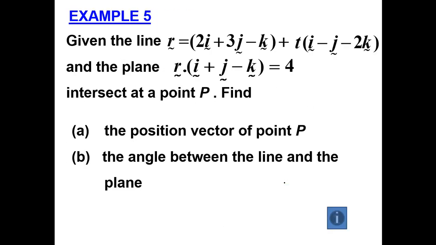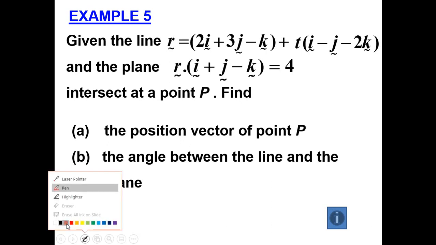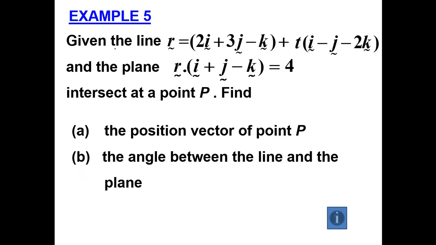Example 5. Given the line and the plane intersect at point P. A, find the position vector of point P. B, find the angle between the line and the plane.